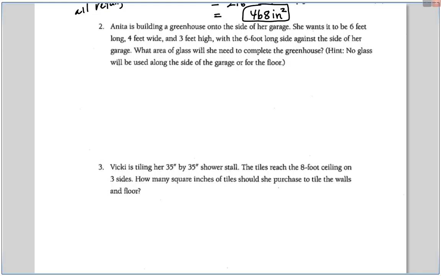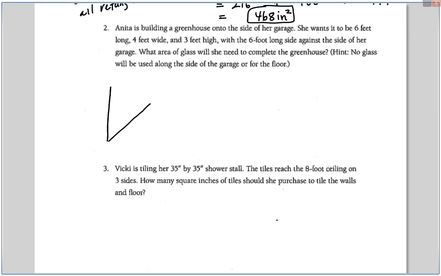Okay, so what you need to do is basically draw in the wall for the garage. So let's call this the garage. So there's the edge of the garage, sort of like, okay, so got something like that going on.